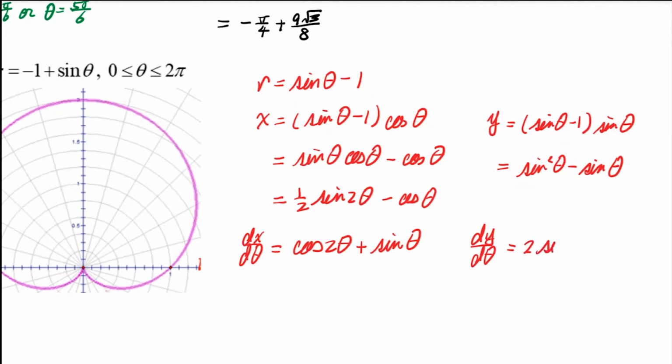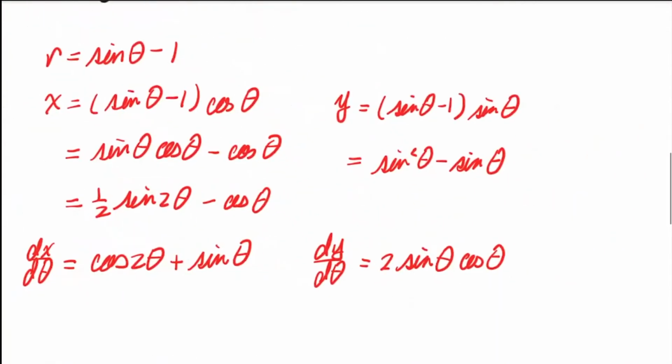So 2 sine theta cosine theta, and then, whoa, see, this computer is misbehaving today. And then this becomes cosine theta. Good. Now I'm going to convert this to sine 2 theta. How about that? With me so far?